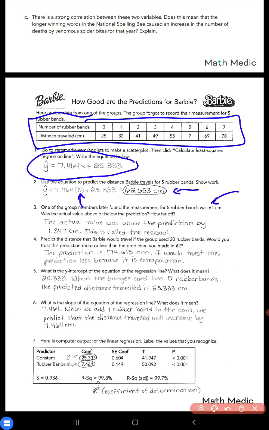You can't assume that the pattern that you see at the beginning of a disease or at the beginning of a bungee jump or whatever the case may be is going to be the same pattern that you see months and months later. Okay? So extrapolation is very, very dangerous because it causes inaccuracies in our data. You also see this in the weather forecast.